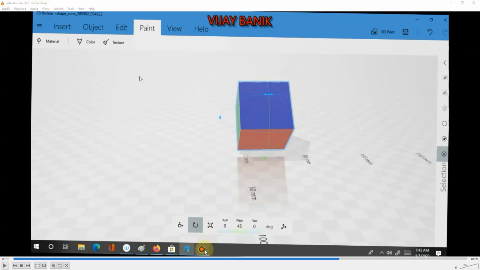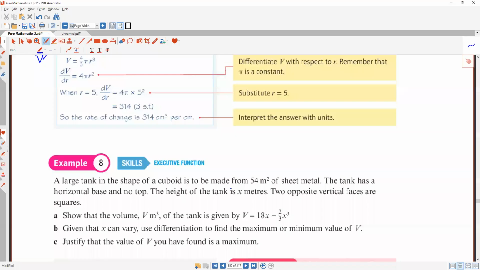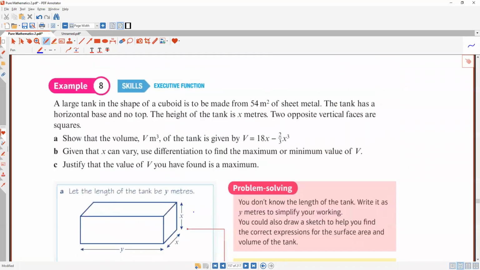So let's continue over here. This is a large tank, in the shape of a cuboid, made up of 54 meters square of sheet metal. So this is the surface area. Now, is the full thing covered or is one of the sides missing?